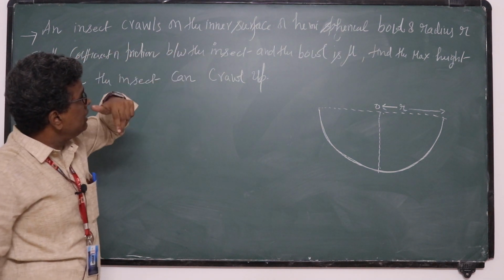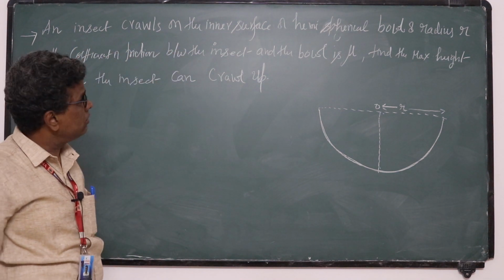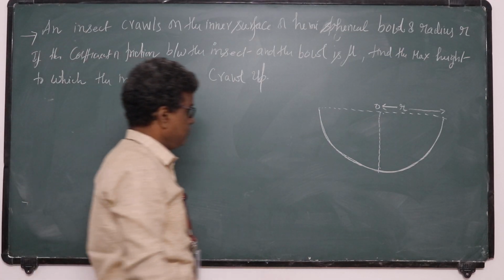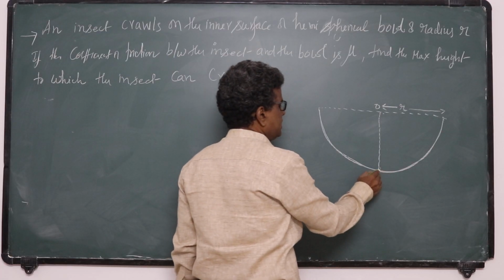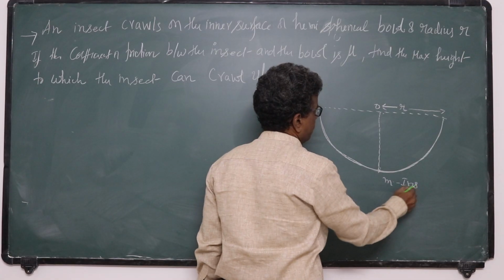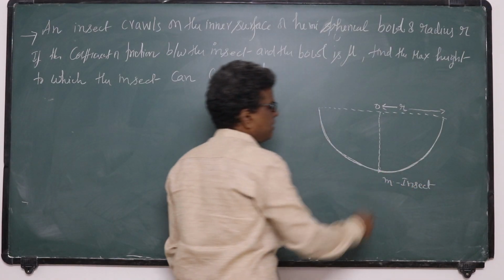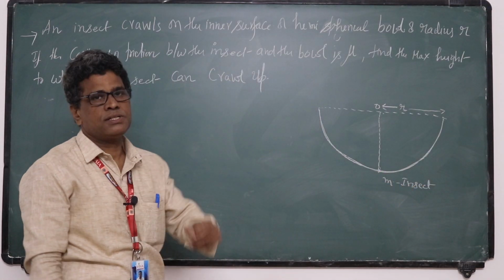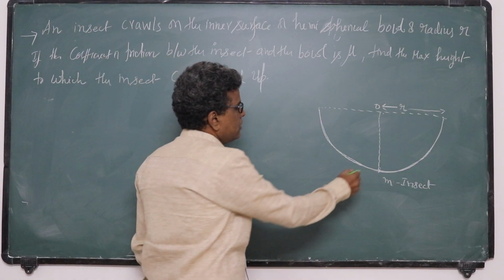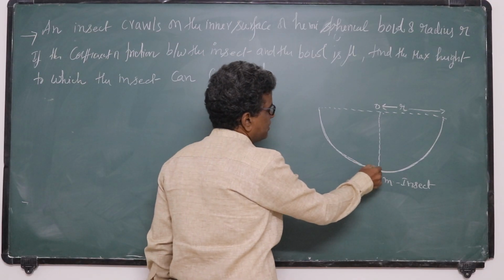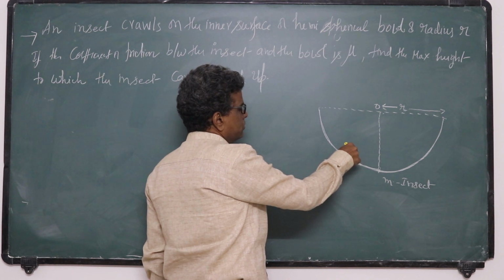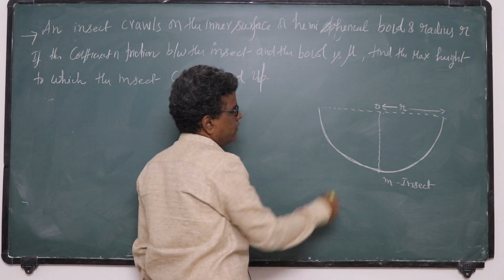An insect crawls on the inner surface of a hemispherical bowl of radius r, where mu is the coefficient of friction. Let the insect's mass be m. It crawls on the inner surface and tries to rise.